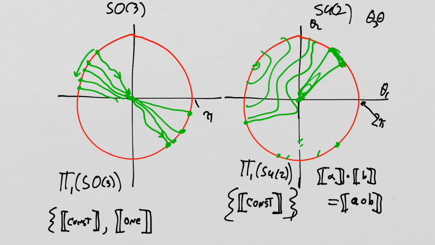Something like that. So that's the group operation from the nature of what the fundamental group is. But the fundamental group for SU2 is trivial, and it's isomorphic to the identity group, just the simple group with just the identity in it.